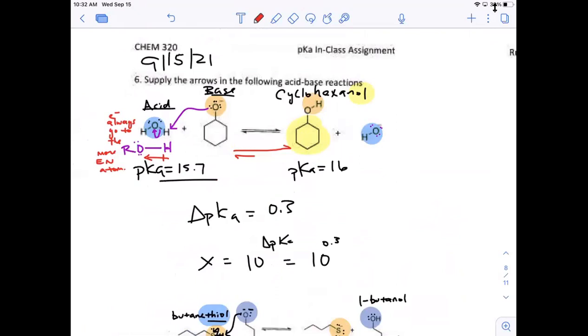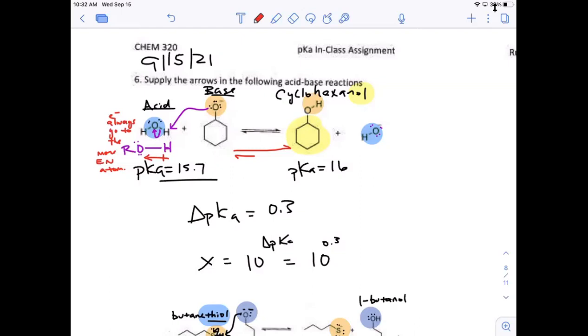If I had to take a guess, I would say that the cyclohexanol anion, which is the base up there on the left side, because of all the carbons in the ring, those are actually slightly destabilizing, right? And so that's why the pKa is a little bit lower, because when you put that negative charge on oxygen, you've got all those electron-rich carbons around oxygen, that's going to slightly destabilize that.